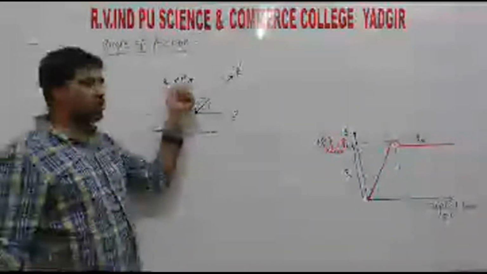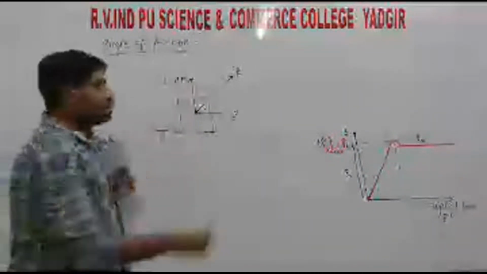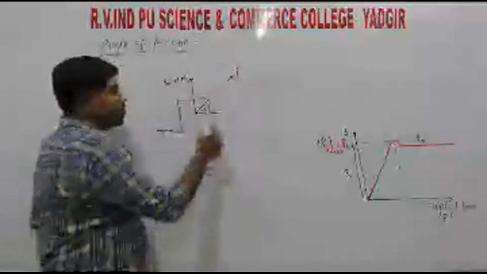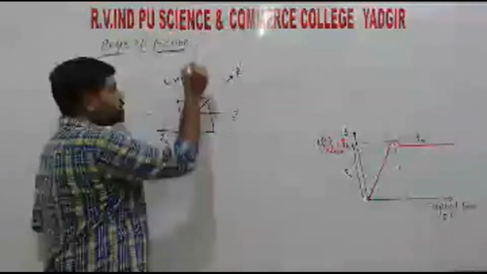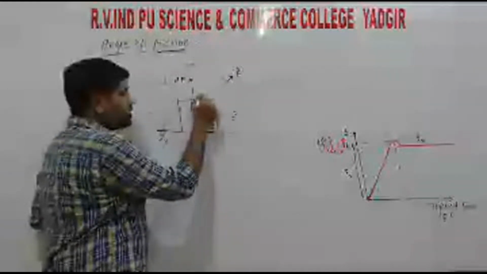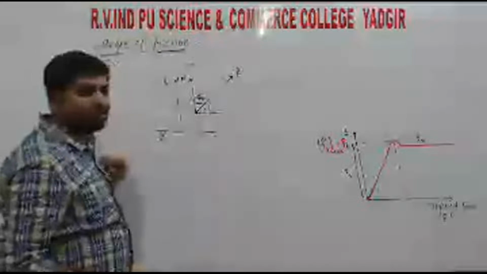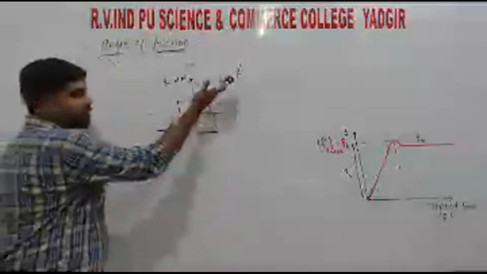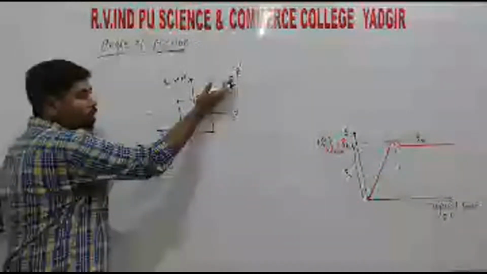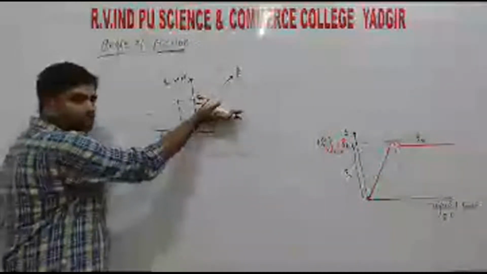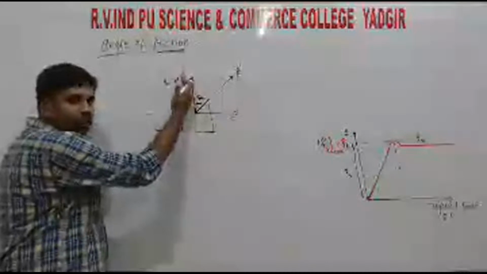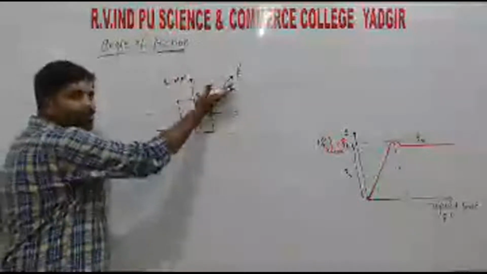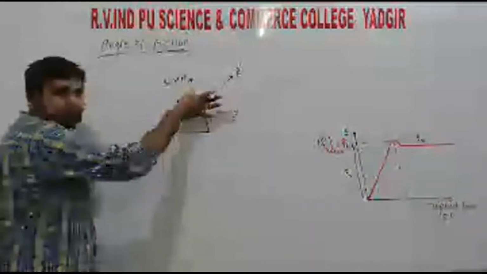So don't confuse with these two. So both are same. So that's why here I have taken the resultant as R dash, right? Now angle of friction is defined as theta here, right? So angle of friction is the angle between the resultant of the two forces, that is one is applied force and the normal force, and the angle between the normal force and the resultant of the two forces, right?